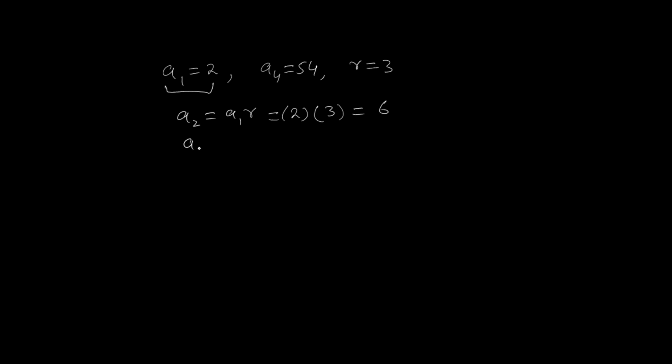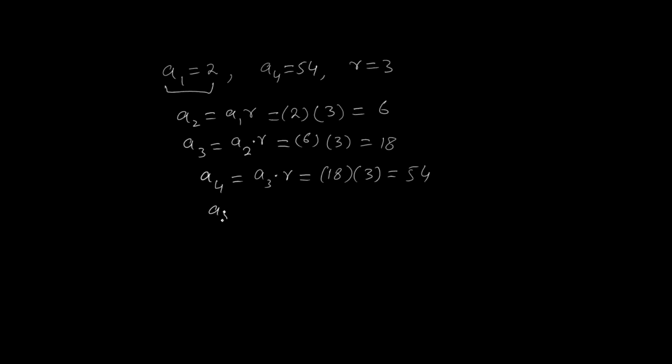Now the third term is obtained by multiplying the second term with r, and the second term is 6, so 6 multiply r is 18. And now the fourth term is obtained by the third term multiply r, so the third term is 18 and multiply r is 54.